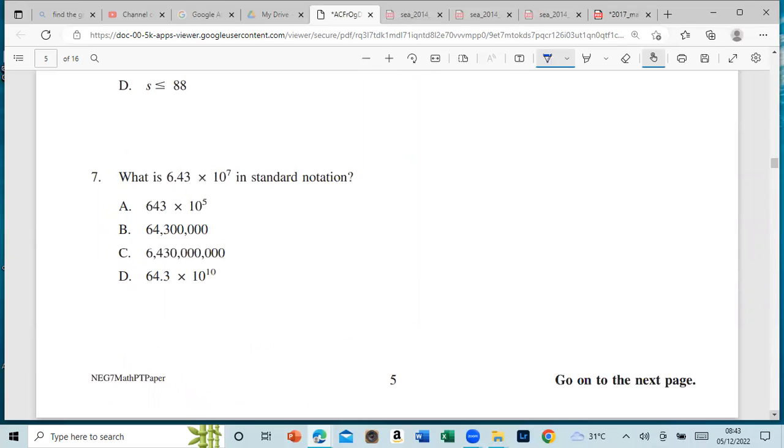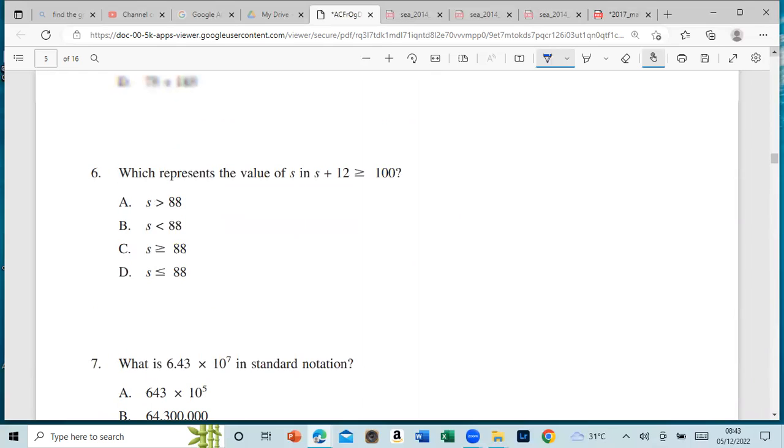Alright, let's move on to number 6. Type in the answer. Which represents the value of S in S plus W is greater than or equal to 100? So we have to solve for this. This is what we call an inequality.